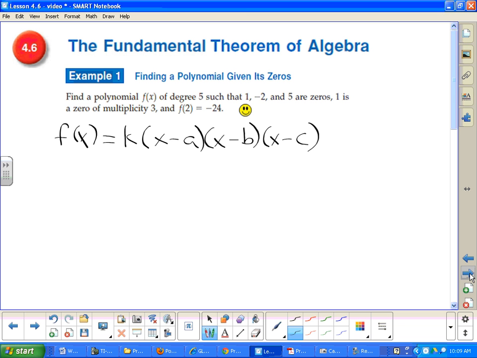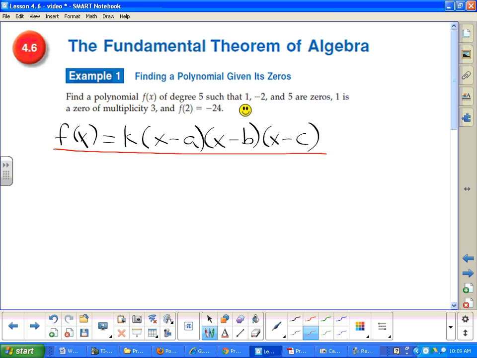So our main function we're going to be using is f of x equals k times the quantity x minus a, times the quantity x minus b, times the quantity x minus c. Since I have 3 zeros, I'm going to have 3 factors. The reason I have k there is that we need to be able to find the scale factor, or growth or compression, so that when I put in 2 for x, I'll get -24.